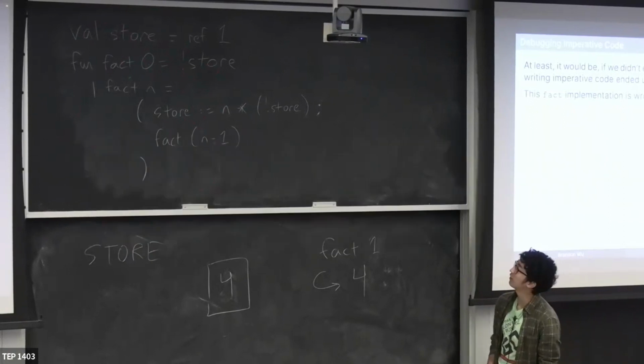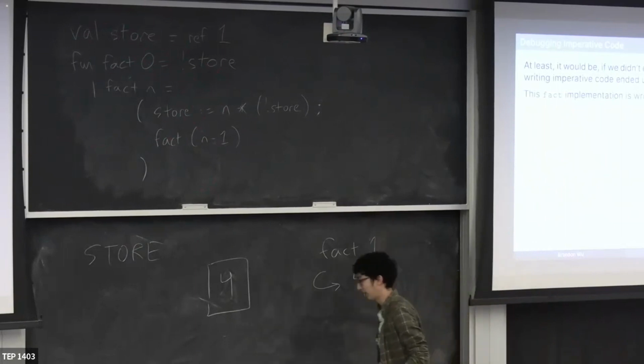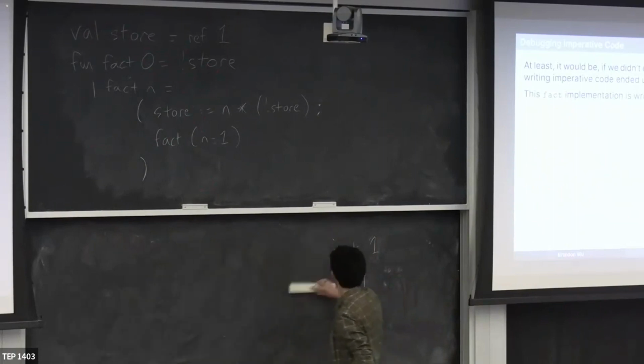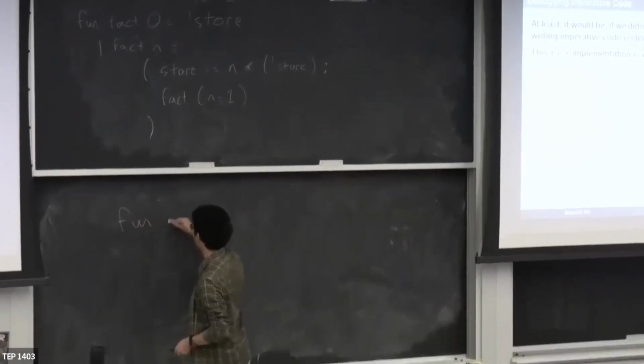Why don't I just put in a let declaration? Excellent idea. Let's actually try that. I don't even have that written out. I've already illustrated why this is bad, but let's try it a different way. Let's put it inside.